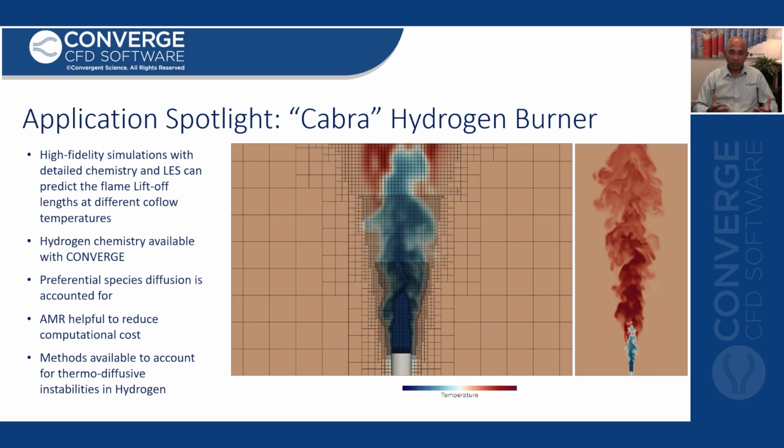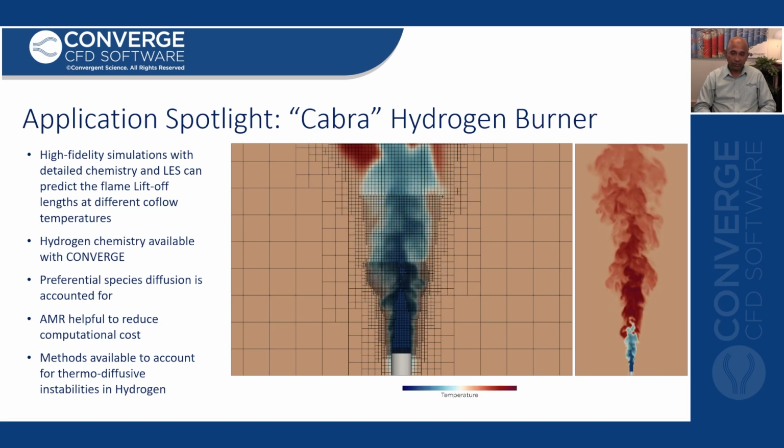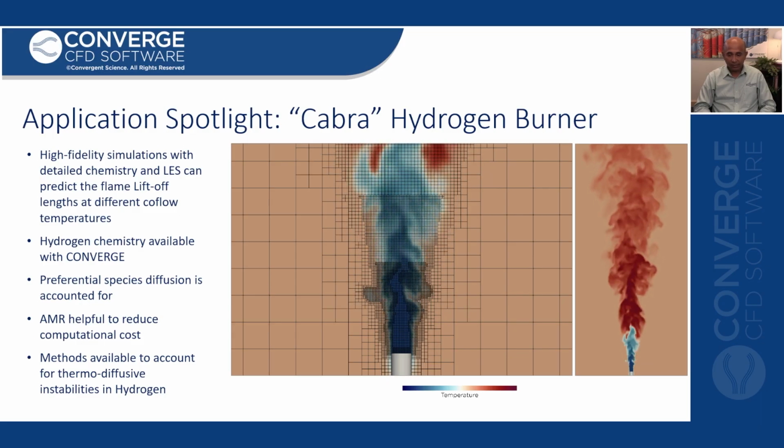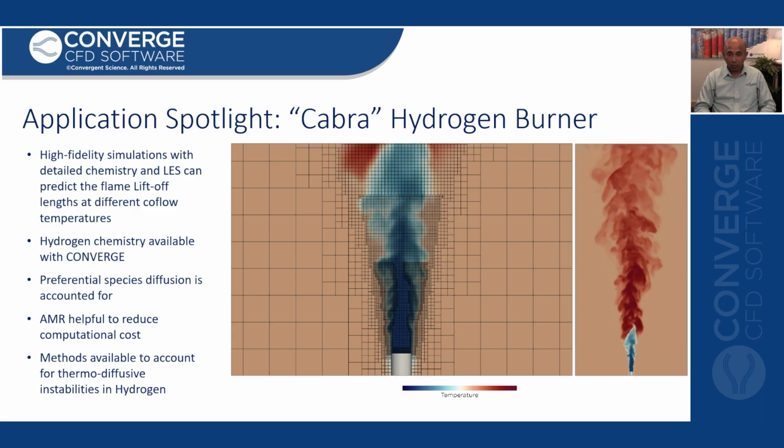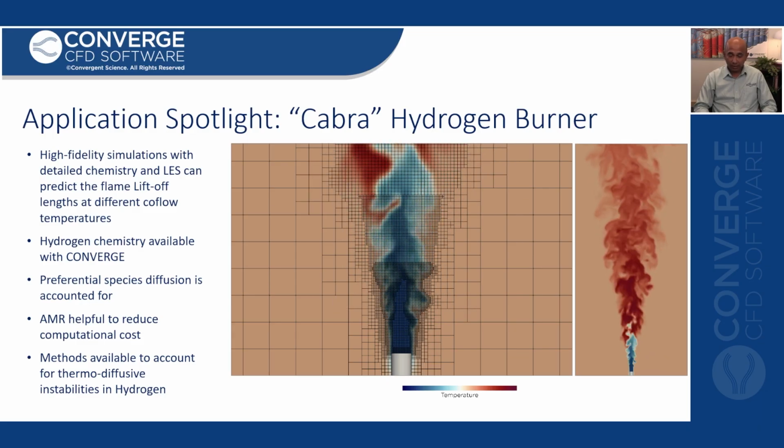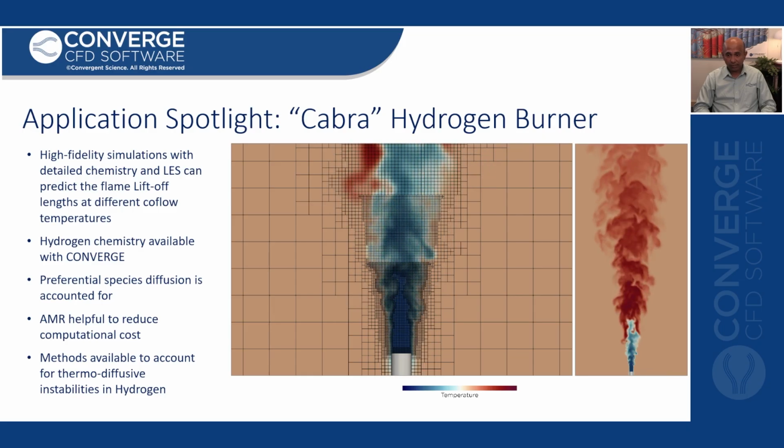Now you can do simulations like that with Converge. Now you can see how the mesh dynamically refines the flame shapes, and wherever you want resolution, you can pick where you want the resolution, and you don't have to sit down and mesh with Converge.